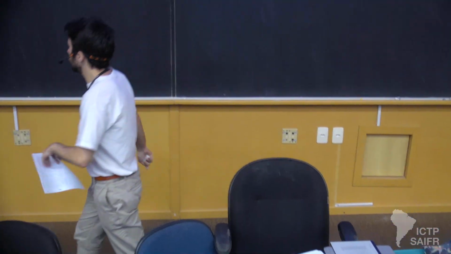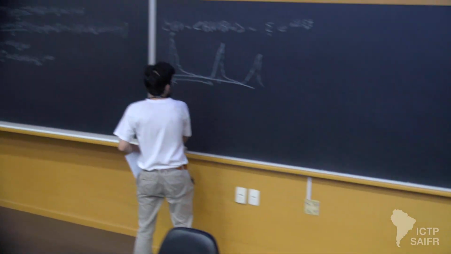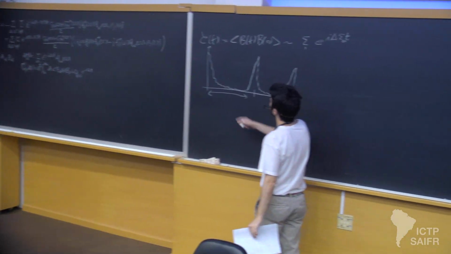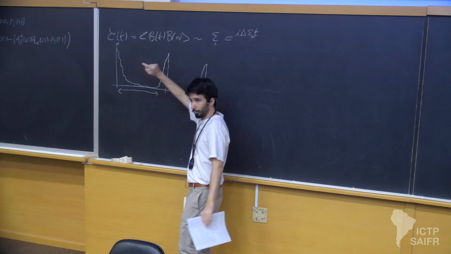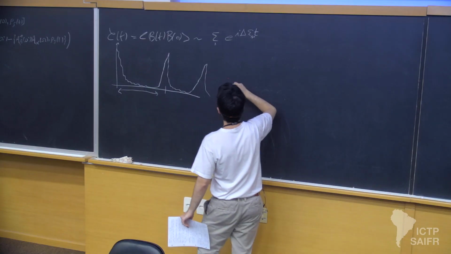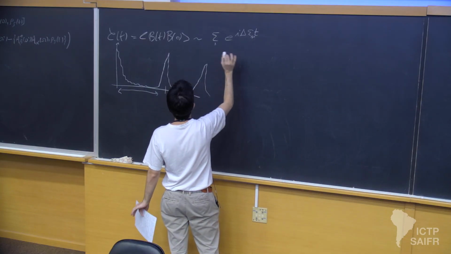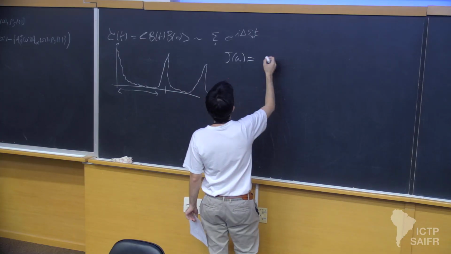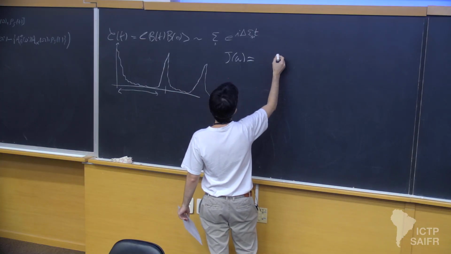So it's convenient to work with the Fourier transform of this function rather than with the function itself. The physical interpretation is clear. So I'm going to call this the spectral density.